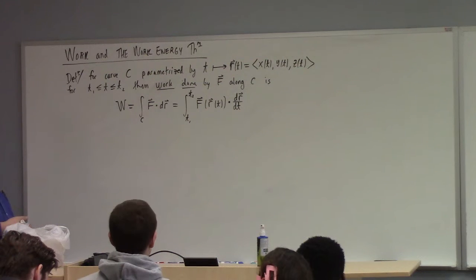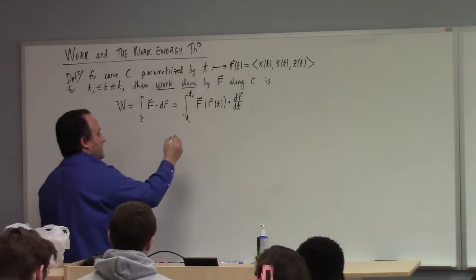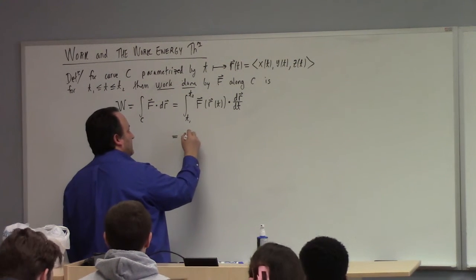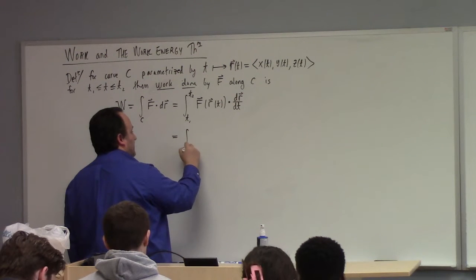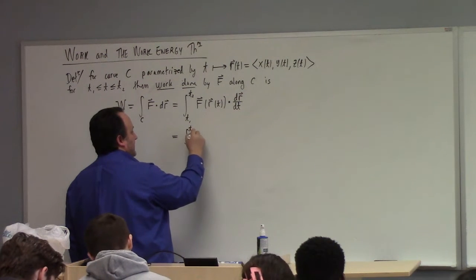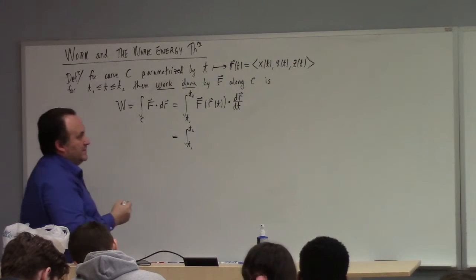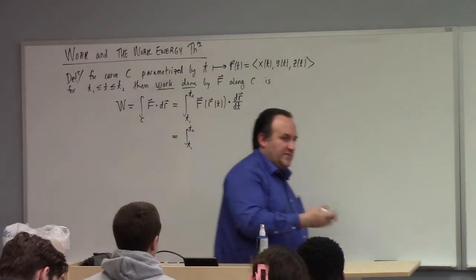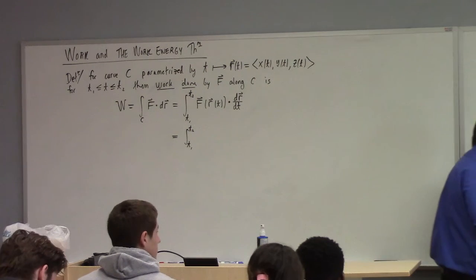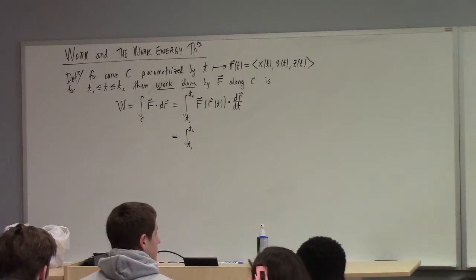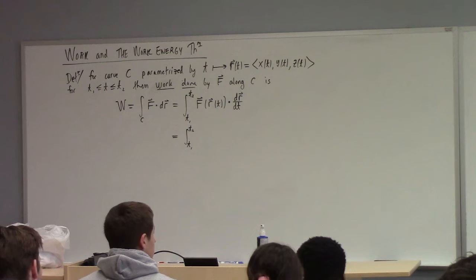Another way to understand this integral is you could think of it as the integral from t1 to t2 of the vector field F. So we're talking about the work done by a force field, all right? It could be a force that is applied at any different point in space.